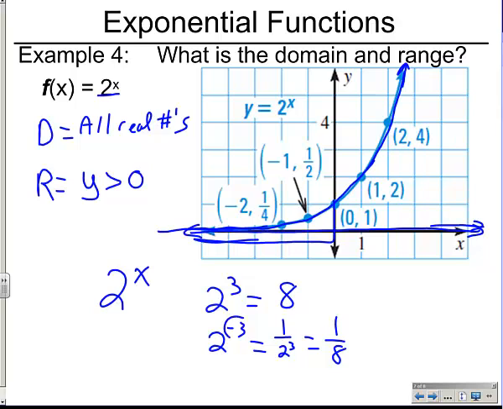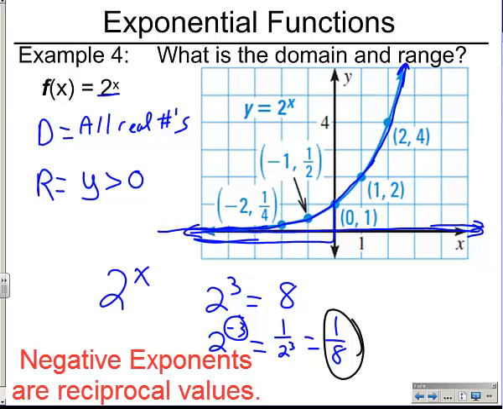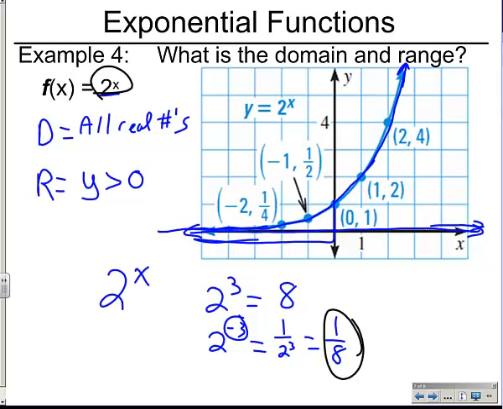So no matter how small this negative number gets, I'm still going to end up with a positive value, only it's a really tiny positive value. So in the base look of this function, which is 2 to the x power, we're never going to get a negative value for y. The output will never be negative, so we have the range being all values greater than 0.